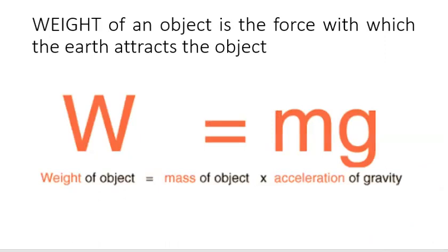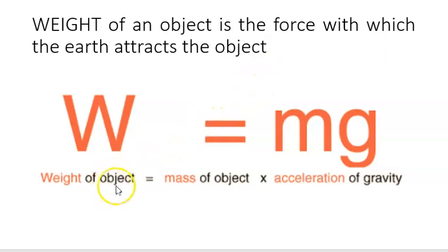Now, we all say, what is your weight? We also ask, what is the mass? But students, do you know both the quantities are not one and the same? Many times when we ask the question, what is your weight, you say you weigh 50, 60. But actually in physics, the weight of an object is the force with which the earth attracts the object.